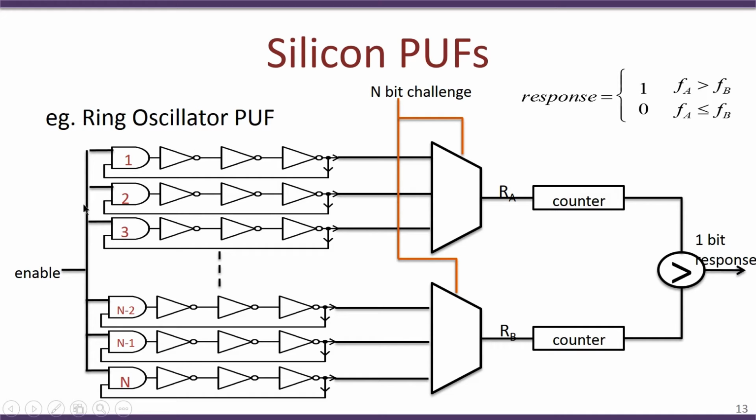The hardware device would implement this ring oscillator PUF, and later when deployed, an application could enable it, choose a challenge, essentially choose a pair of ring oscillators, and get an output which is either 1 or 0. The entire uniqueness of this ring oscillator PUF, as mentioned in the previous video, is that the output response is a function of that particular device.